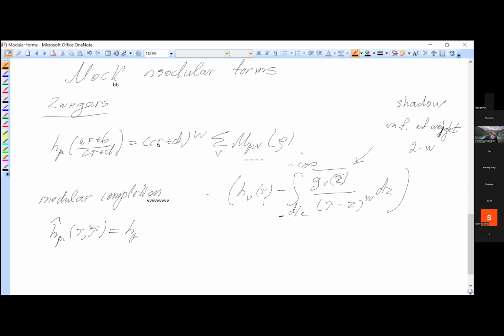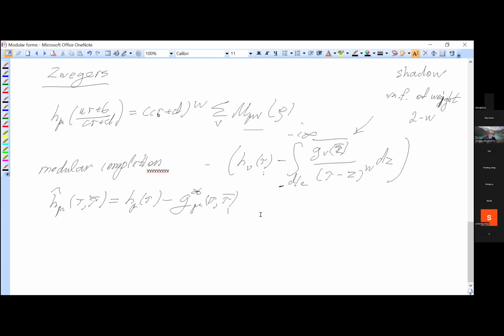So you define it as the original function minus a certain correction term. And this correction term is given in this case by the following integral. It's the same integral, but from tau bar to minus i infinity, of the same thing.